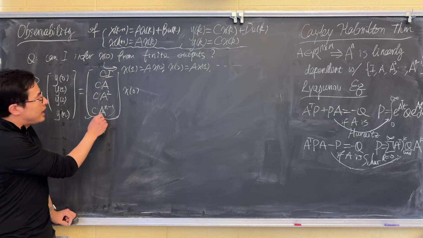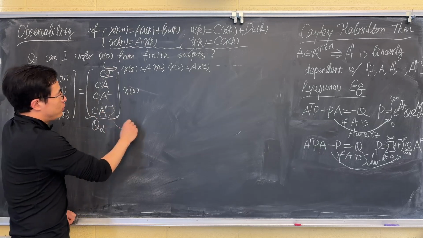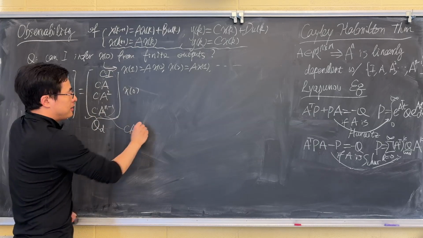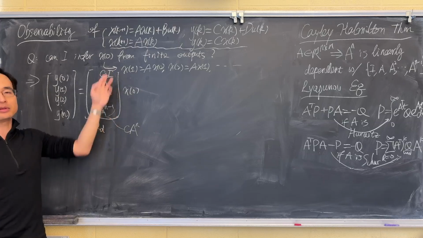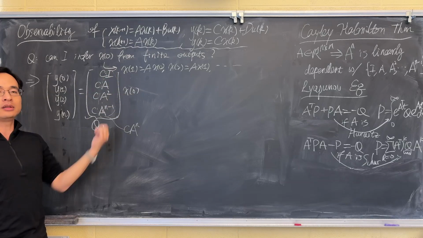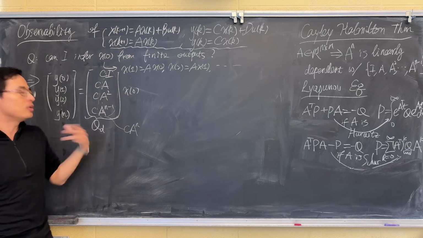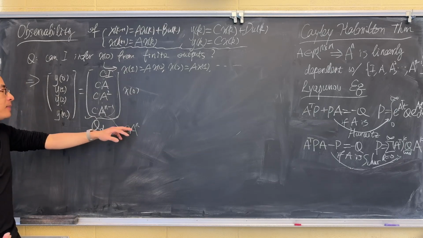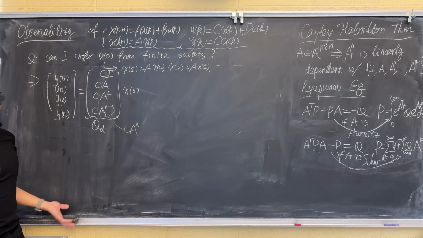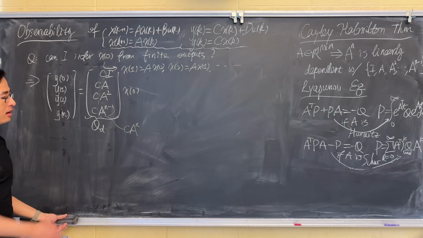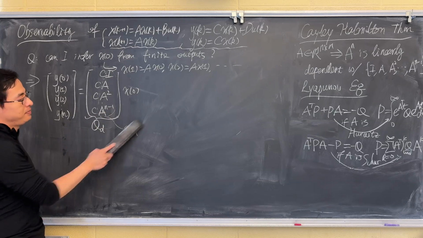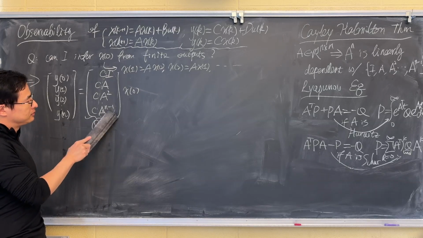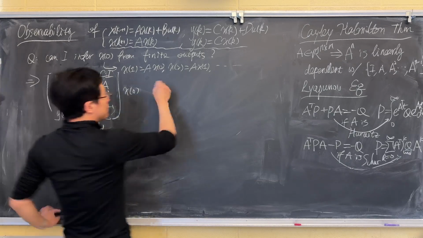If you add more, the next one will be CA^N, and A^N is a linear combination of the previous components in this matrix. So you can keep adding more, but it won't help to solve the linear equation. You can just stop at CA^(N-1). We have a few observations now.